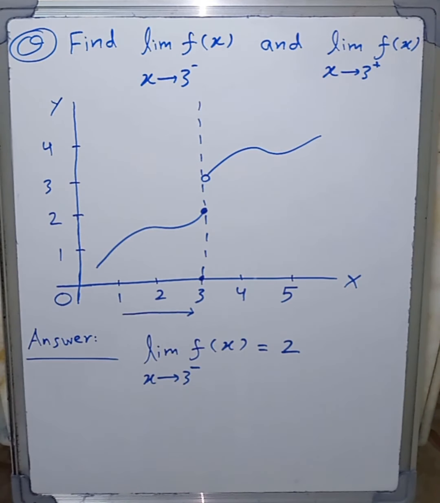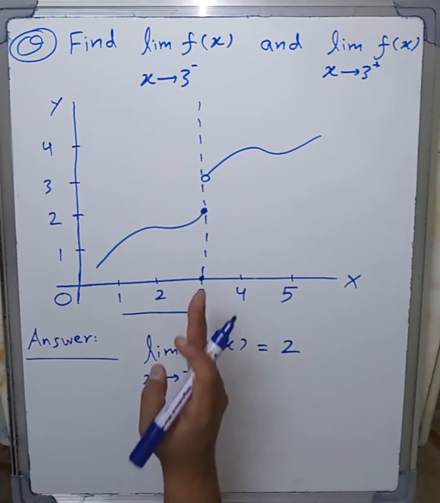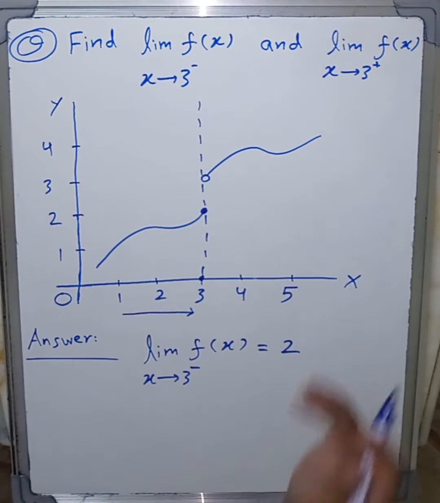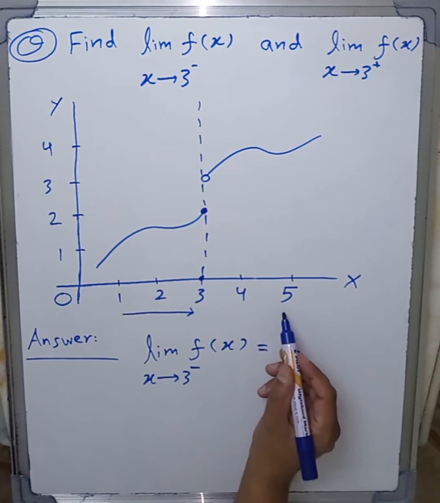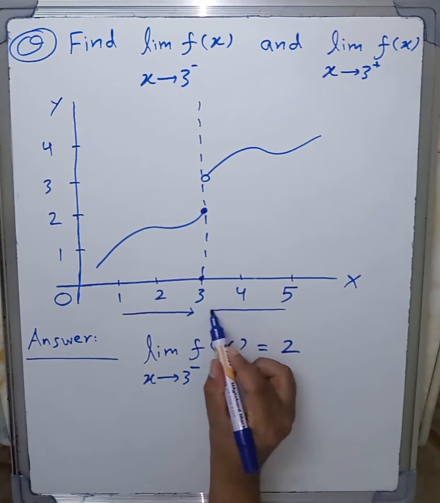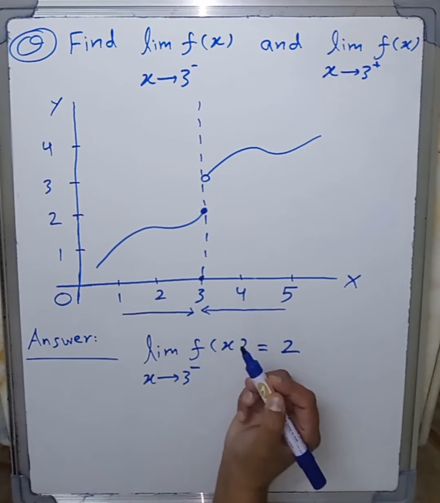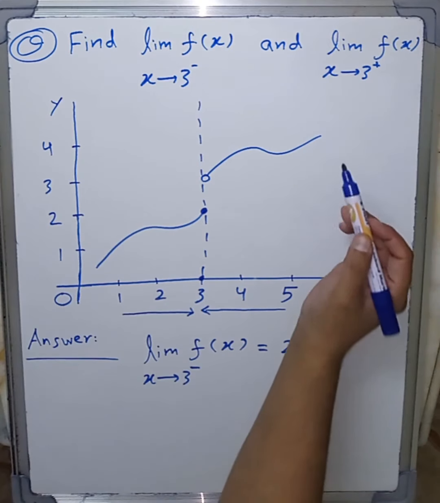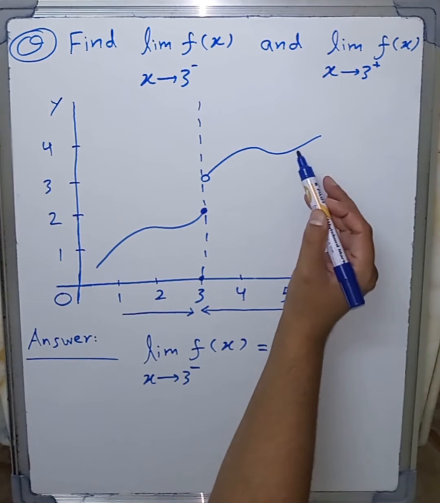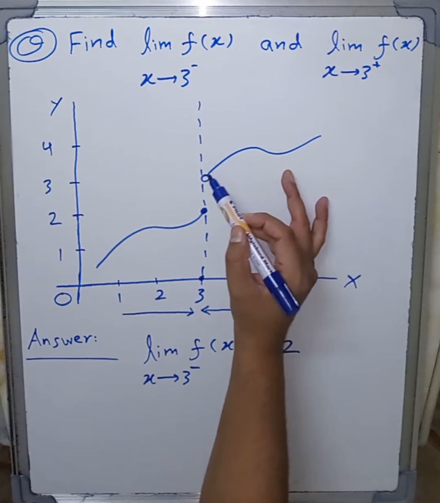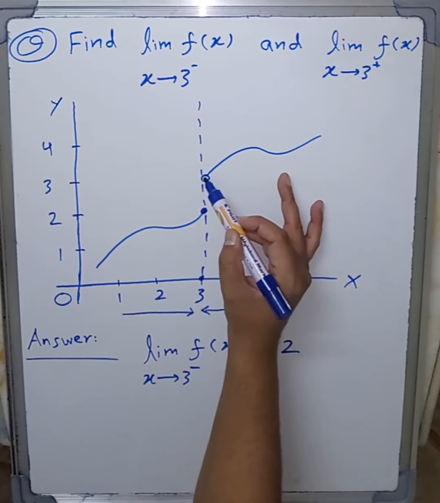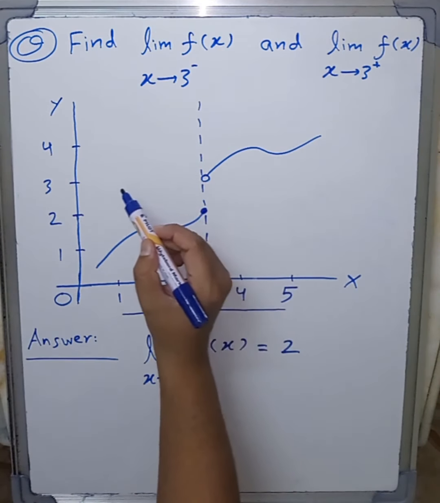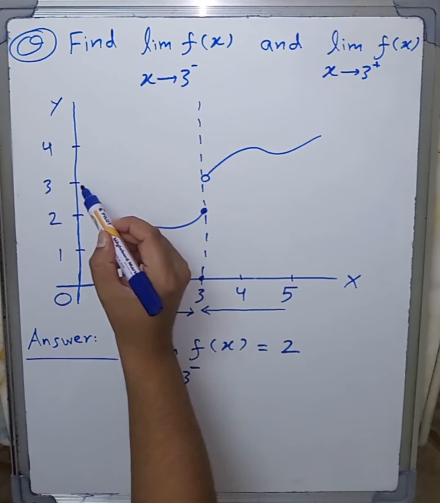Now let us find the right hand limit. When we are finding the right hand limit, we will observe what is happening at the right side. So if we are moving towards 3 from the right side, we can see that the function is moving towards this point, and at this point the value of the function is 3.